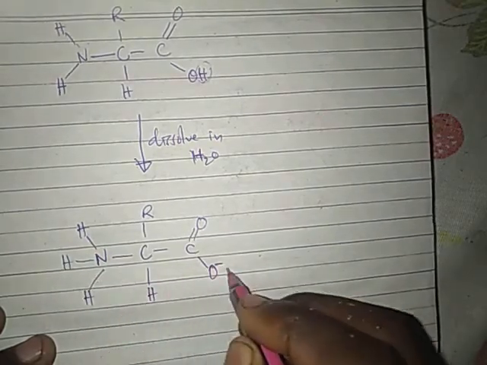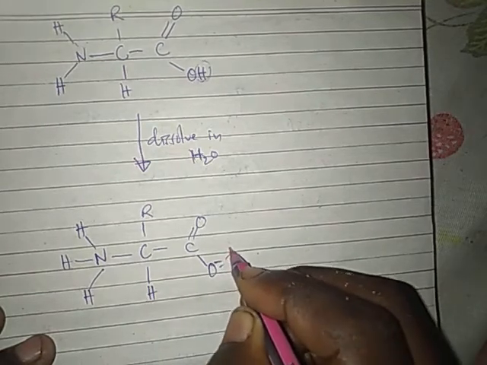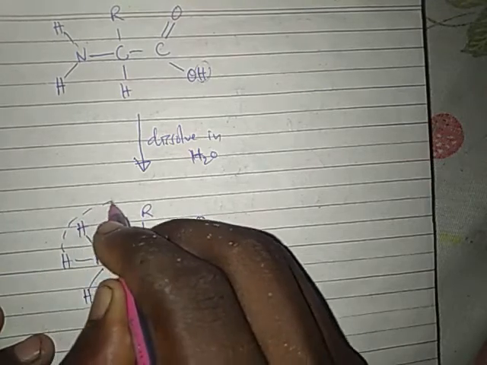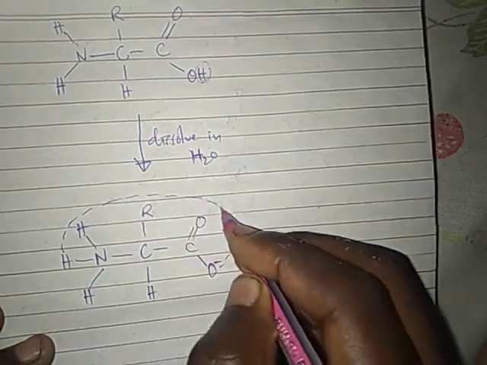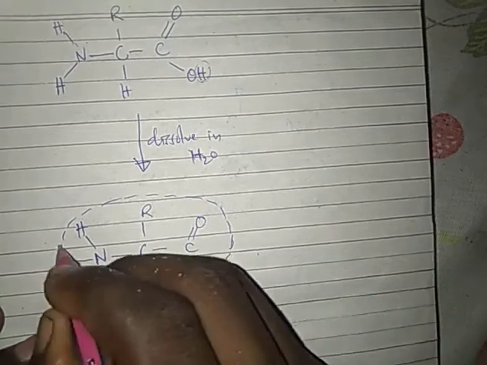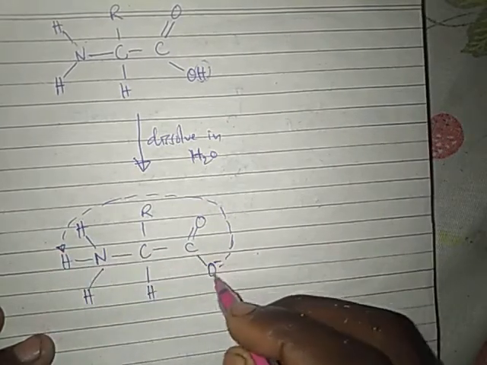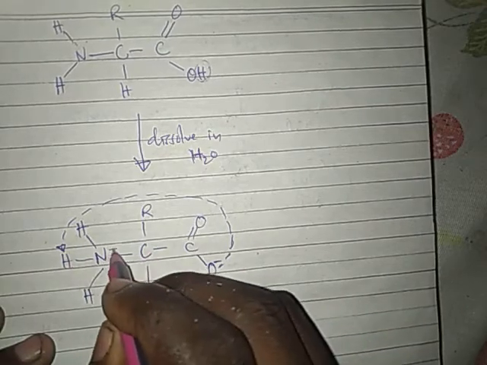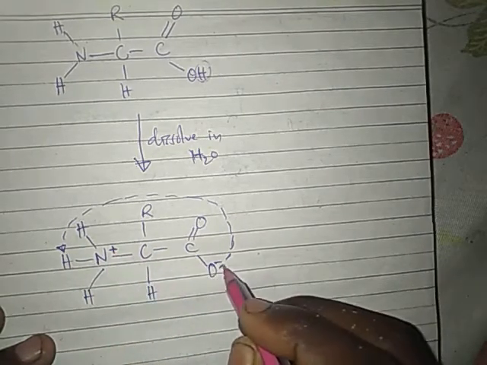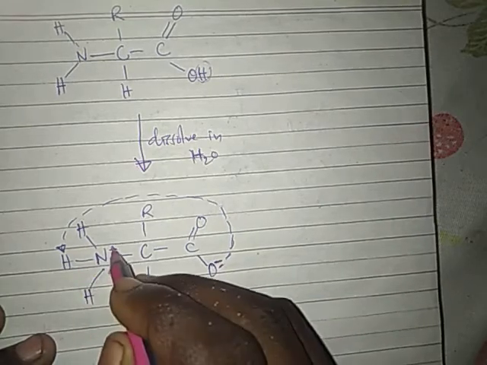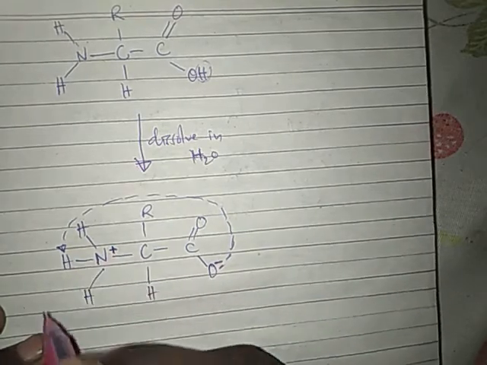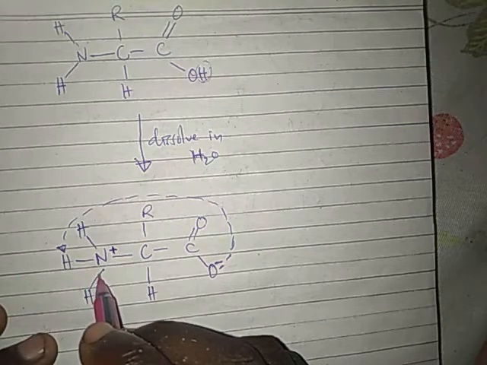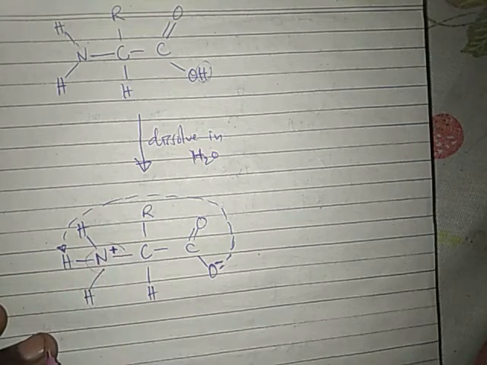So the hydrogen from this oxygen is associated with the nitrogen, and we may draw this arrow showing that this hydrogen has moved from here to here. So this will become positively charged and this will become negatively charged. This will become positively charged because of the addition of hydrogen, and the addition of hydrogen here makes this positive.